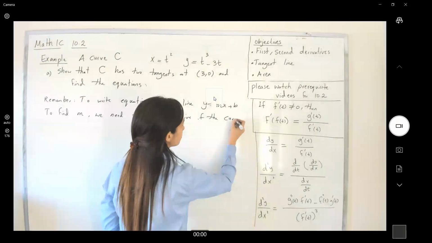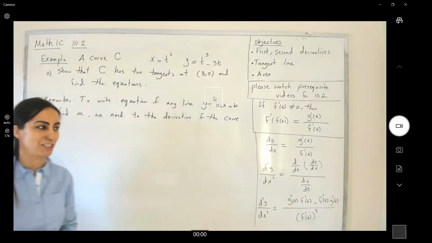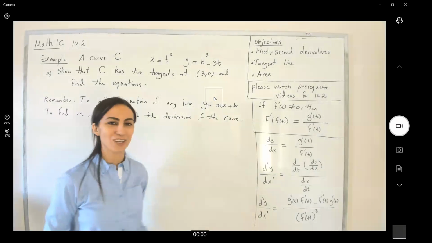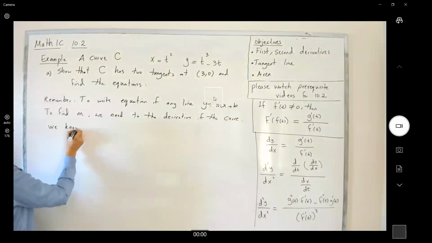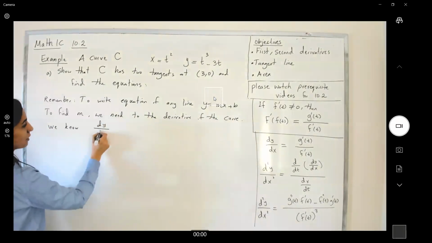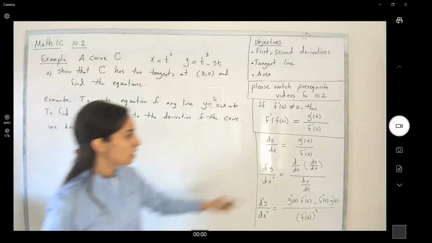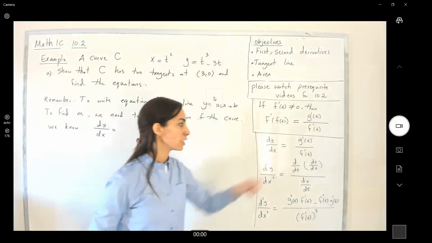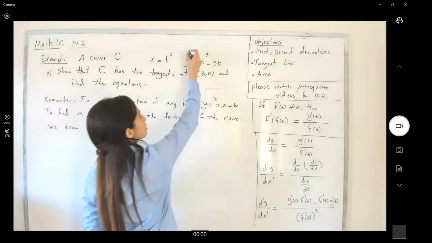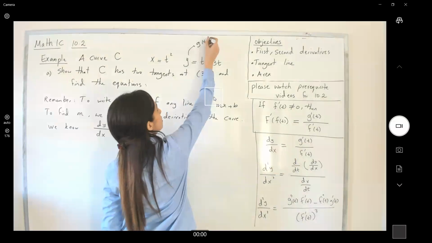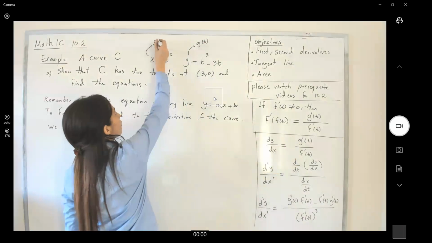Okay. In this case, we have a parameterized curve. We have nice formulas to follow. We know that dy over dx is defined as the derivative of y divided by the derivative of x. Remember that this is your g of t and this is your f of t.